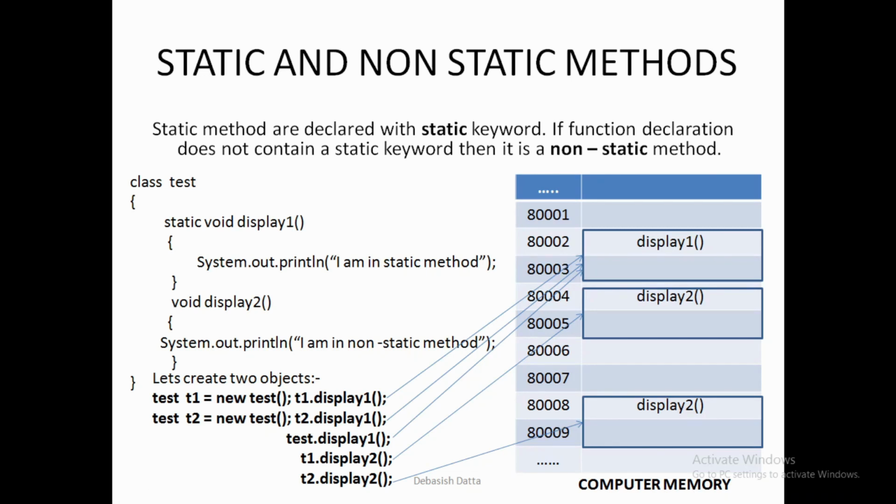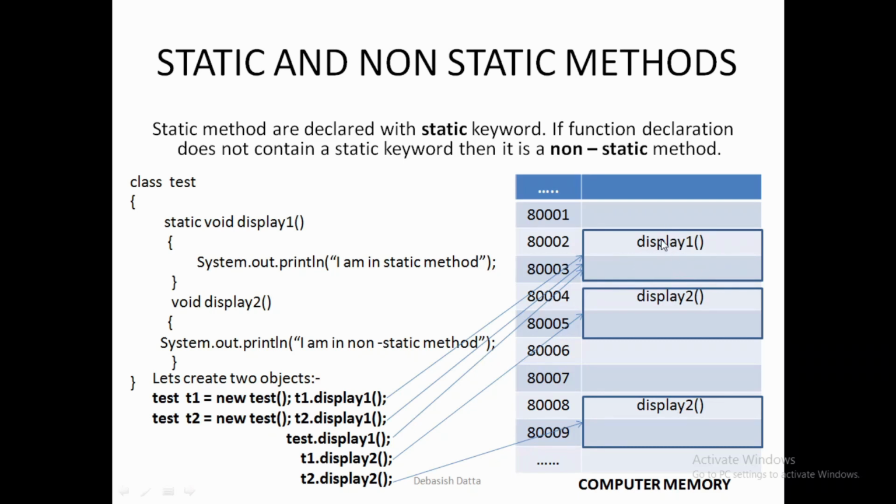Now what is the difference between a static function and a non-static function? To demonstrate that, I have created two objects of this test class where one static function and one non-static function are defined. Now you can see I have called the display1 function, which is a static function, using two objects actually, and you can see both calls are associated with only one memory reservation.